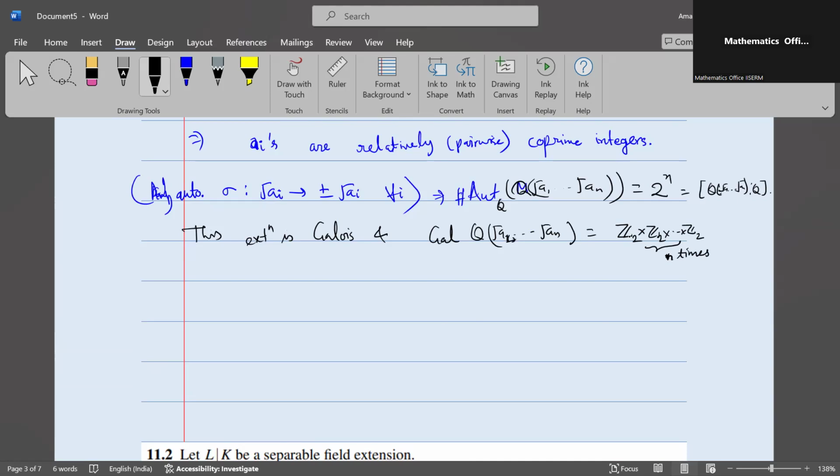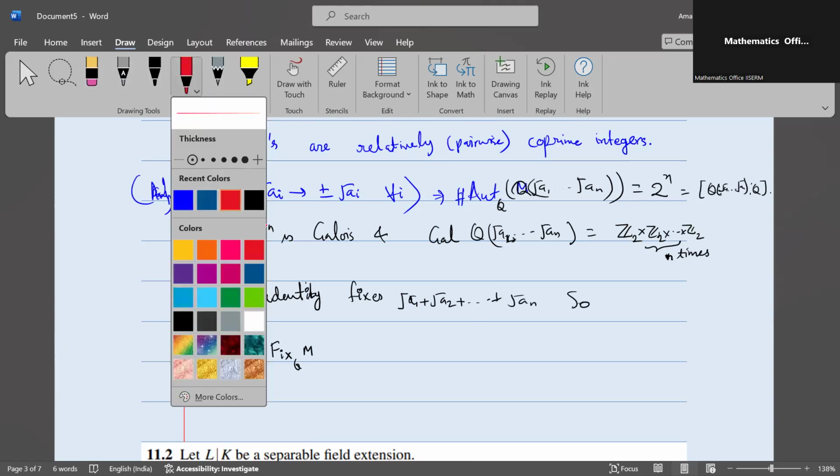And this part is also true. Once it is a Galois extension, only the identity fixes root A1 plus root A2 plus and so on plus root AN. Let me write it in a different color.